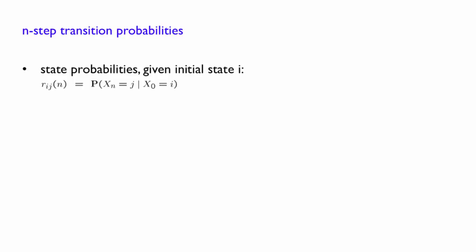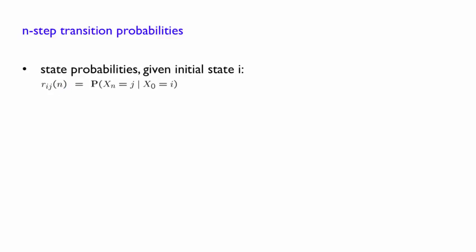Suppose that the Markov chain of interest starts in a given state i and that it runs for n transitions. Let us introduce the notation r_ij(n) to represent the n-step transition probability of ending in state j. This is the initial state i, and this is the definition of r_ij(n).